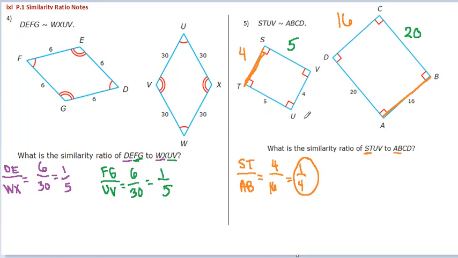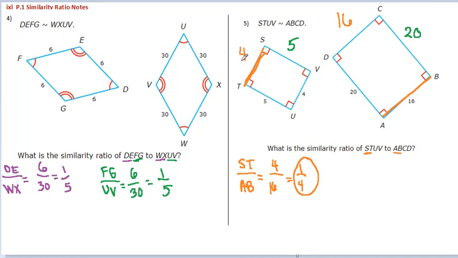Now, on this next one, it's a little tricky because there wasn't a measurement here, and there were a few sides that were missing. But what we can see is that this is a parallelogram because it's got 4 right angles, and we know that the opposite sides are also congruent.